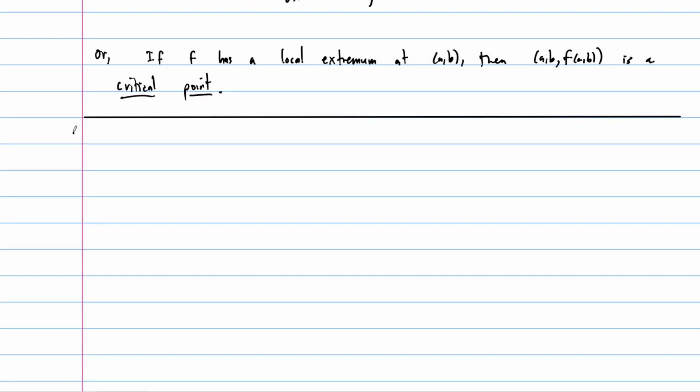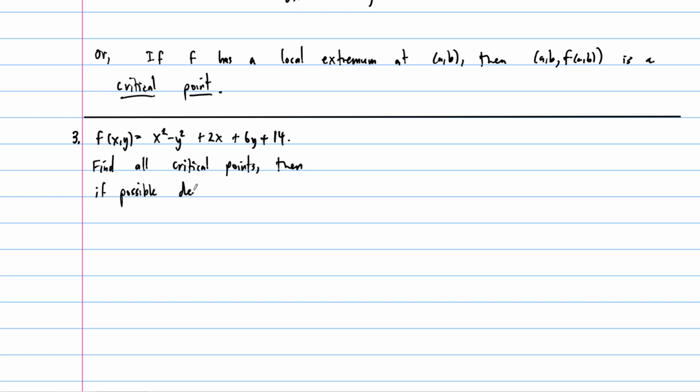All right, so let's try an example now. Here's a function: f(x, y) equals x squared minus y squared plus 2x plus 6y plus 14. I would like you to find all critical points, and then, if possible, determine whether they're max, min, or neither, that is, determine if they are extrema.